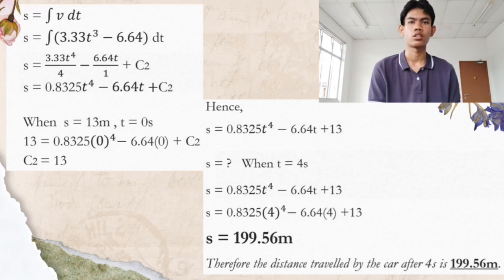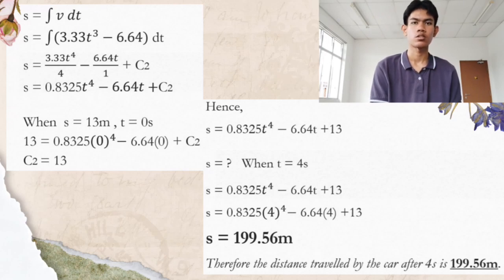So when s equals 30 meters, t equals 0 s, and then 30 equals 0.8325 bracket 0 to the power of 4 minus 6.64 bracket 0 plus C2, and then we can get the answer C2 equals 30.